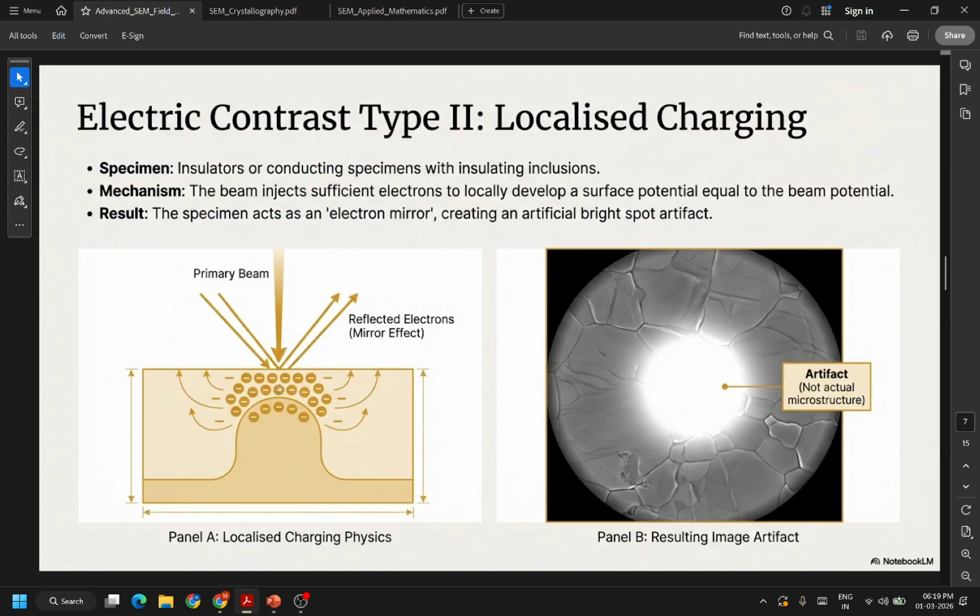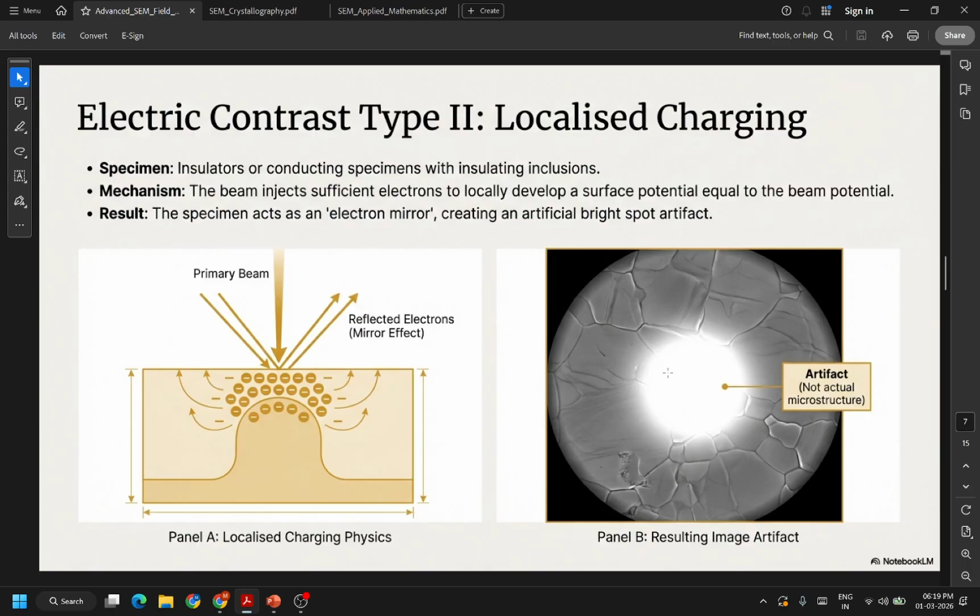Now all these electrons start repelling the electrons that are coming in, and so they start acting like an electron mirror, and that creates a bright spot in your image. This bright spot is an artifact.